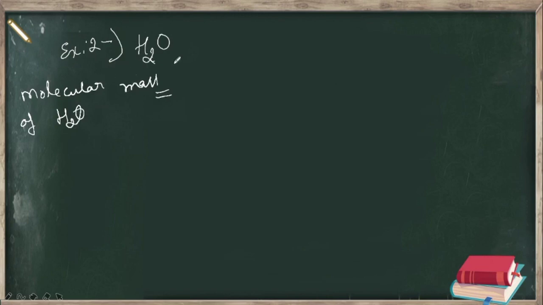Now water is a molecule. You can see the difference between this O2 and H2O. This O2 is made up of the same kind of atom, whereas water is made up of different atoms, that means different elements, hydrogen and oxygen. So we have to use the formula twice. How? Just look here.